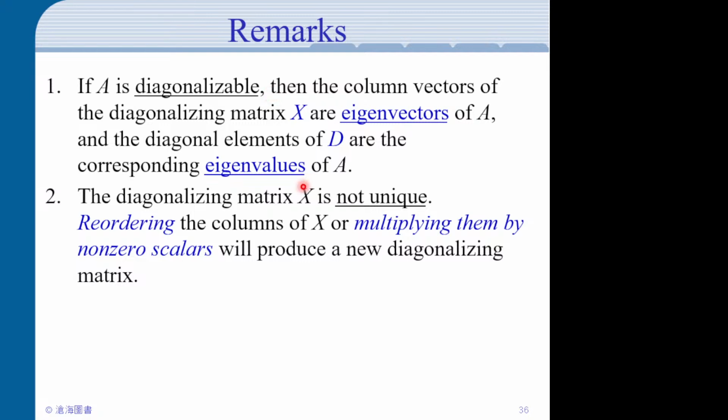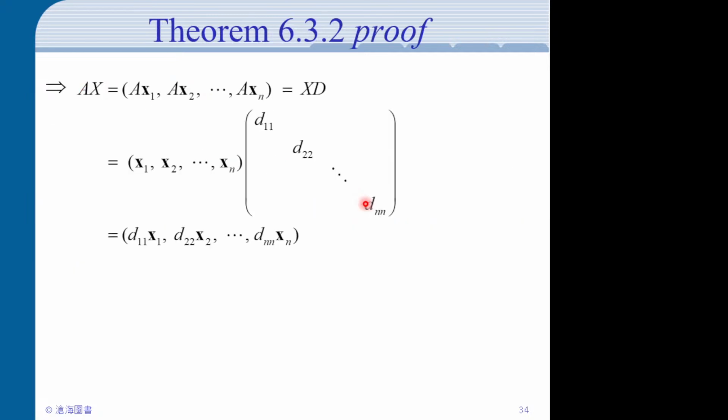Then one important remark is that the diagonalizing matrix, as we define here, is not unique. Here we have two different things you can do on X to get a different X but still diagonalizing. First, there is no particular ordering on the eigenvalues here.